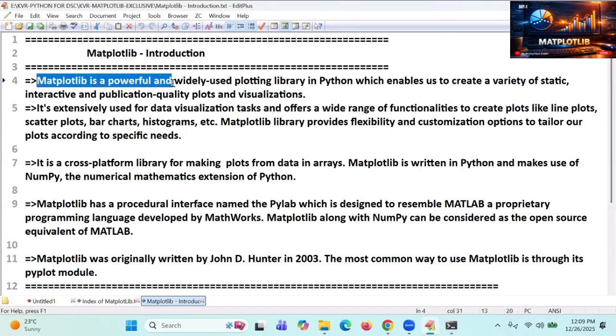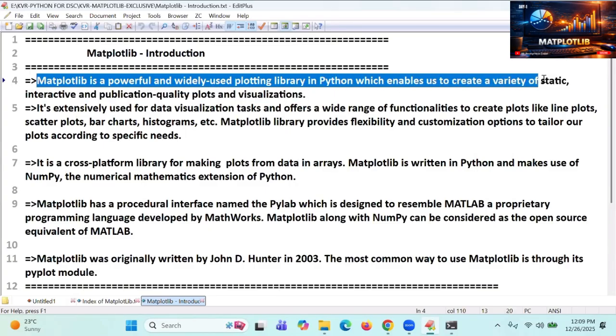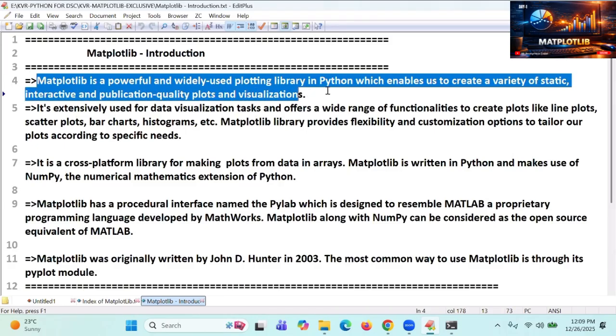Matplotlib is a powerful, widely used plotting library in Python, which enables us to create a variety of static, interactive, publication quality plots and visualizations. As on today, if you go to any trading, you take it. Are the trading graphs shown or not? Yes.